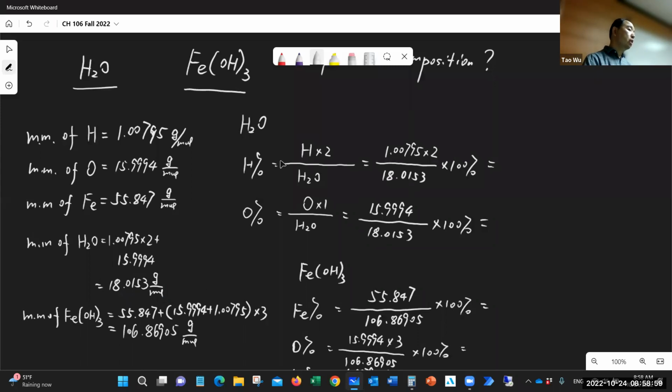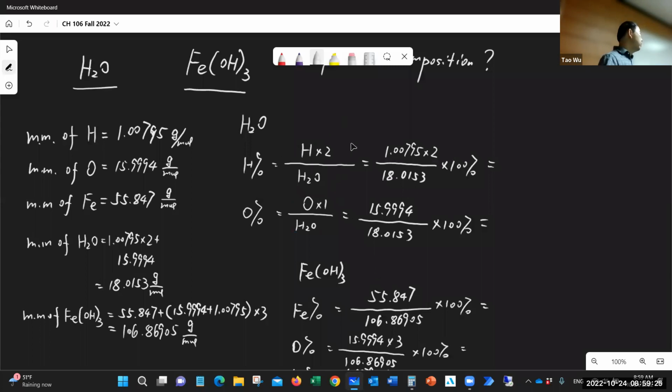Then you just need to set up the equation. The percent composition for water is the hydrogen percent and the oxygen percent. For hydrogen, you divide the total mass of hydrogen in the water by the total mass of the water. For oxygen, it's the total mass of oxygen divided by the total mass of the water. Here is the setup.